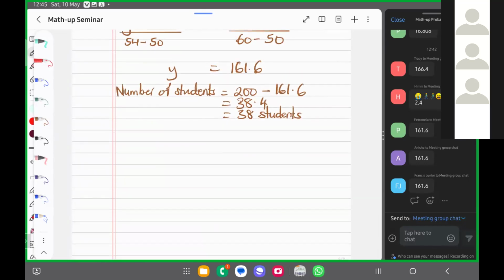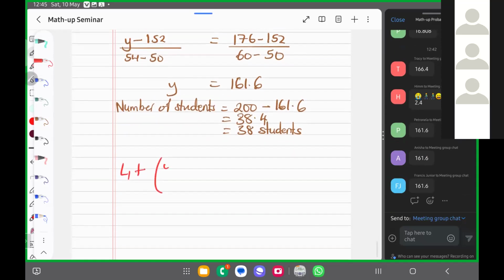Or alternatively, there's that formula we used to get the quartiles, percentiles, median, and all those values. We could use that. I don't know if I can quote it here. I've forgotten. Is it L1 plus, now instead of putting median, we could put the y value.